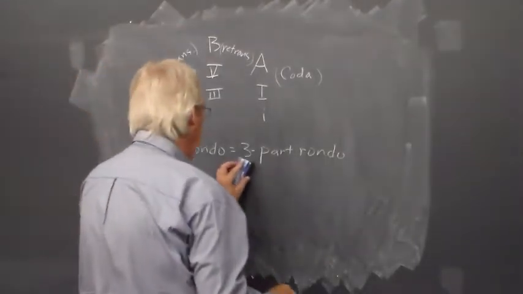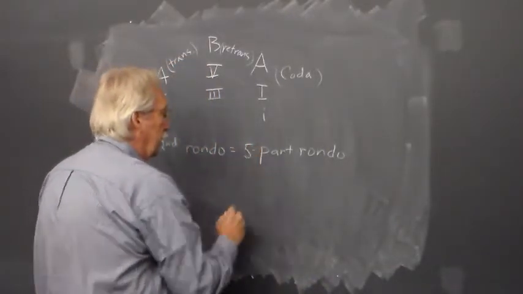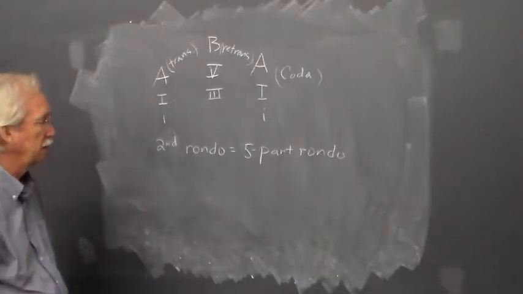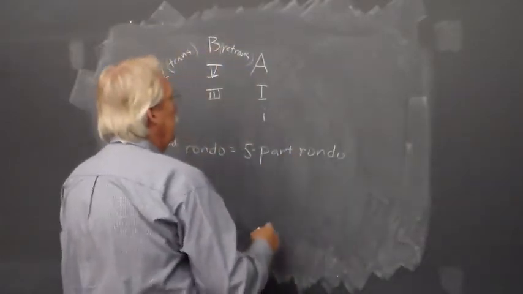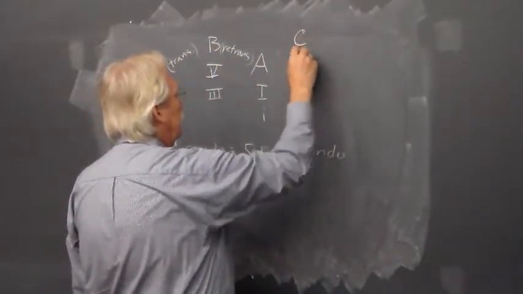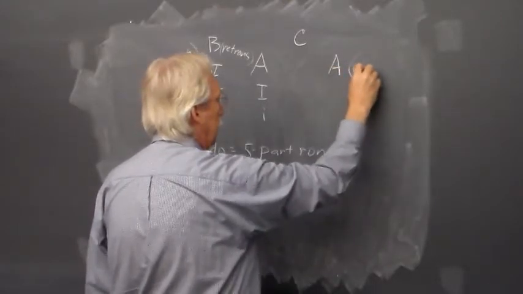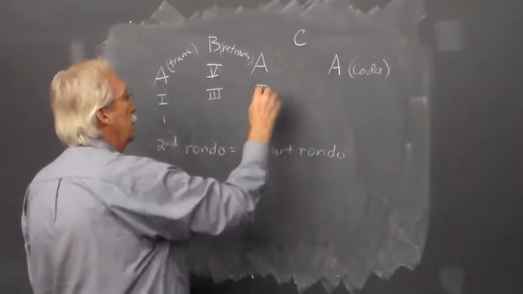The second rondo then has an extra digression and hence an extra return of the main theme, the main rondo theme. So you'll have a C theme, and then a final return, and then possibly a coda or codetta.